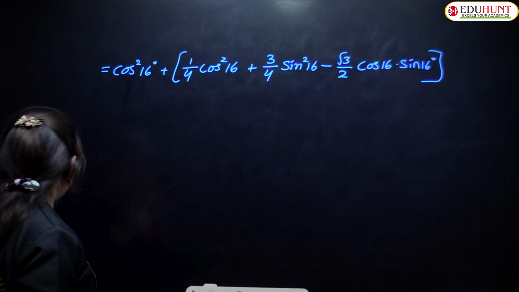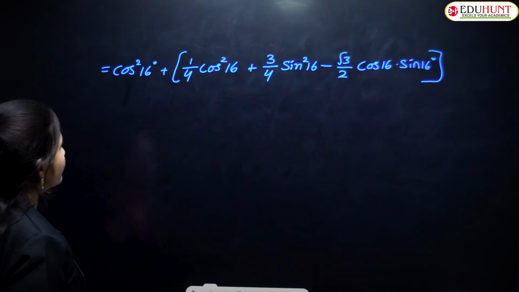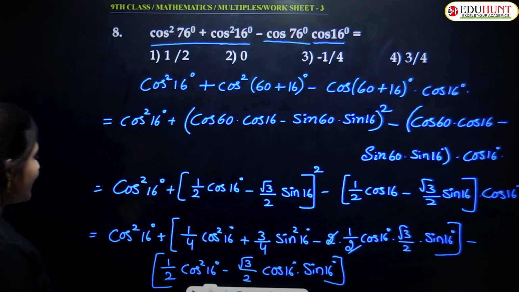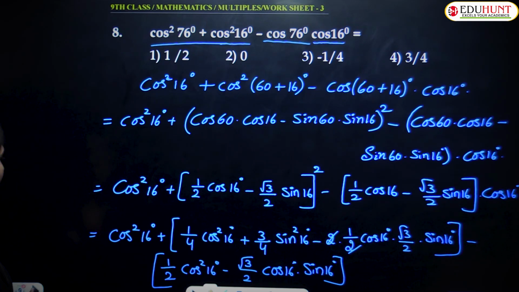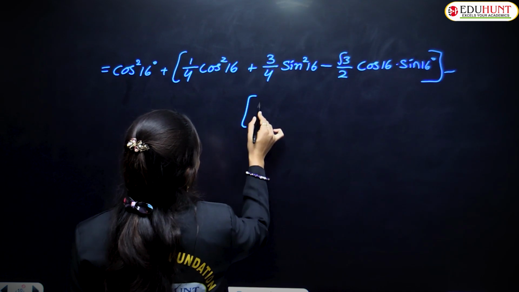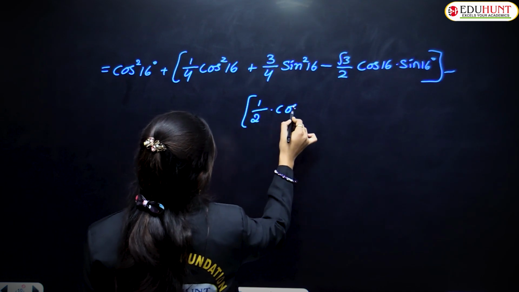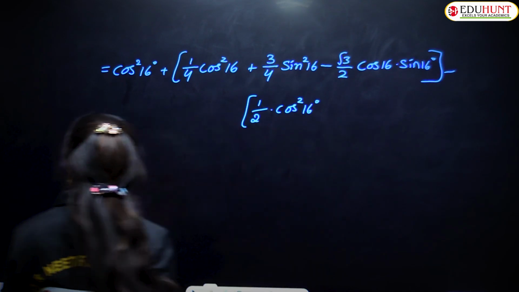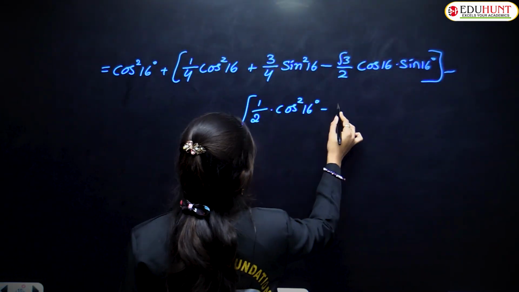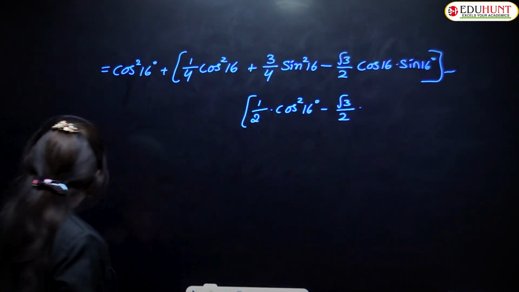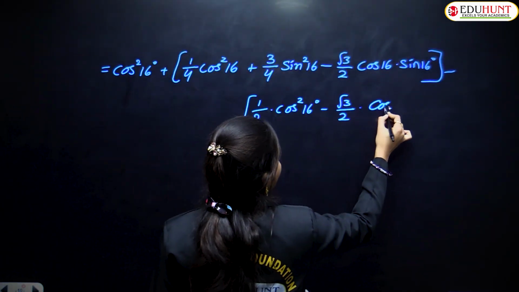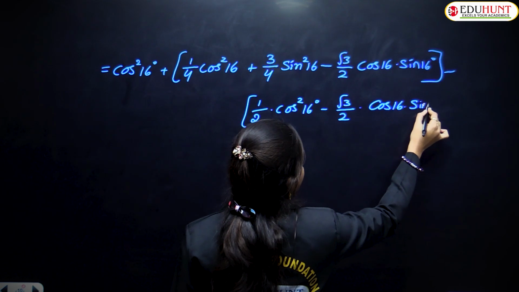Okay. So the leftovers we are writing here: cos 16 into sin 16 minus 1 by 2 into cos square 16 minus 1 by 2 into cos square 16, okay, minus root 3 by 2 into root 3 by 2 into cos 16 sin 16.